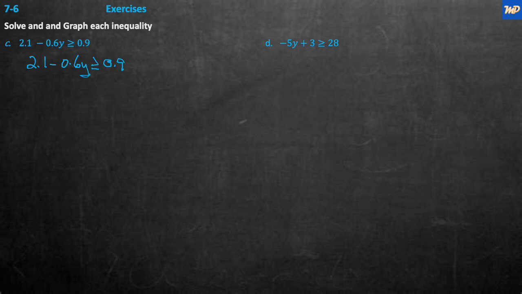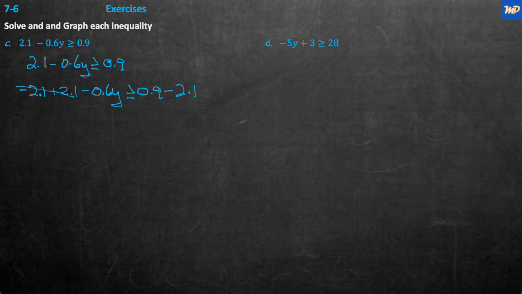So we're going to go ahead and move the 2.1. So we're going to say minus 2.1, that's the move action here, plus 2.1, the original number, minus 0.6y is greater than or equal to 0.9 minus 2.1.